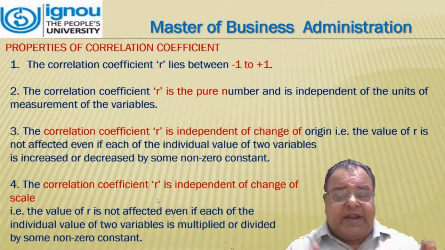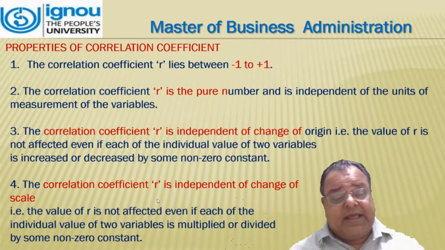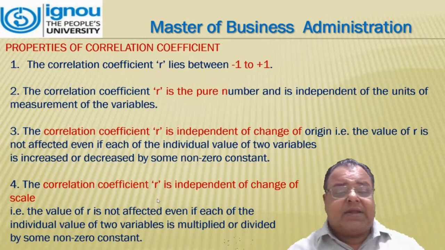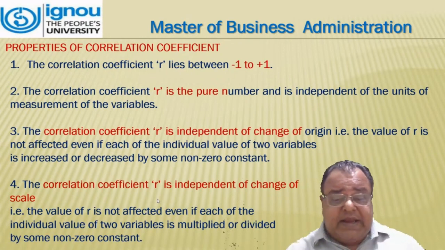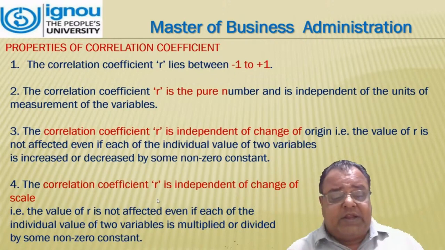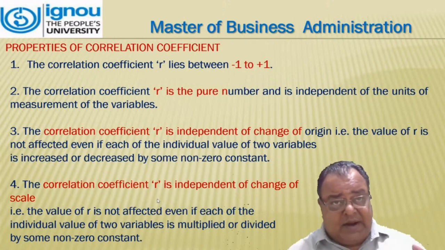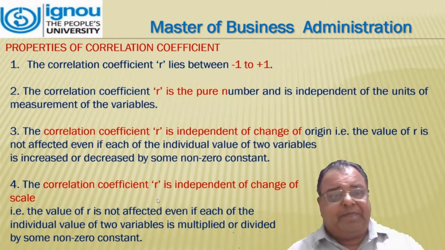That is, the value of r is not affected even if each of the individual values of the two variables is increased or decreased by some non-zero constant. Fourthly, the correlation coefficient r is independent of change of scale. That is, the value of r is not affected even if each of the individual values of the two variables is multiplied or divided by some non-zero constant.